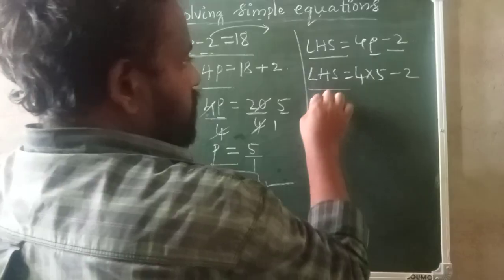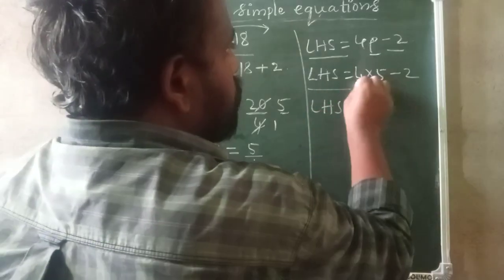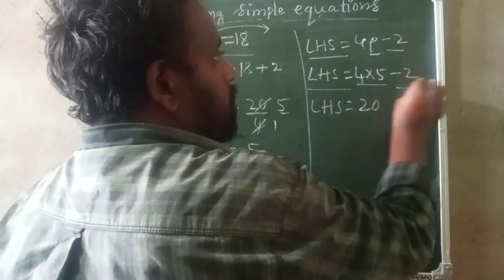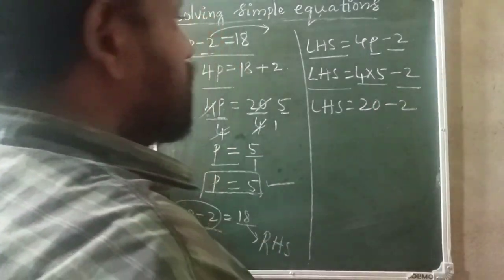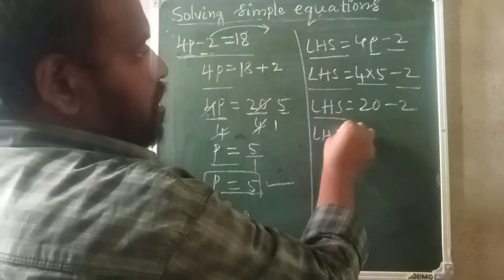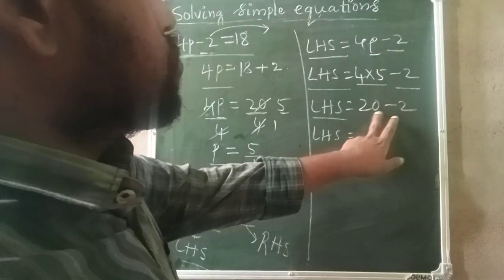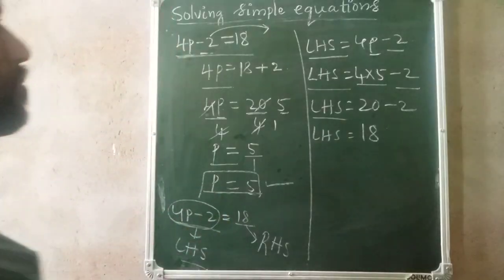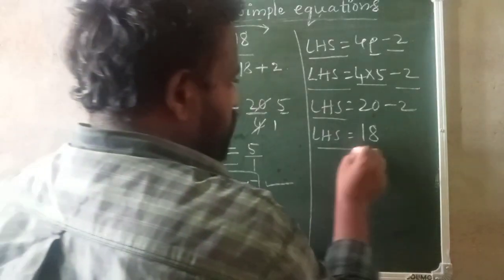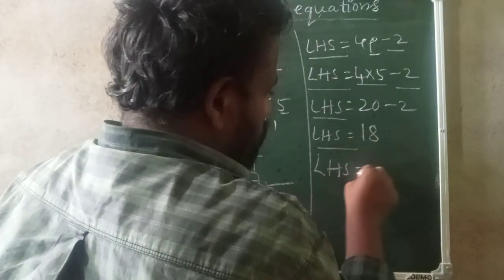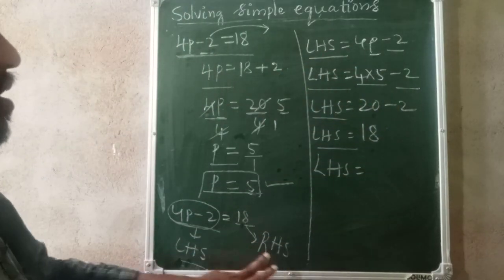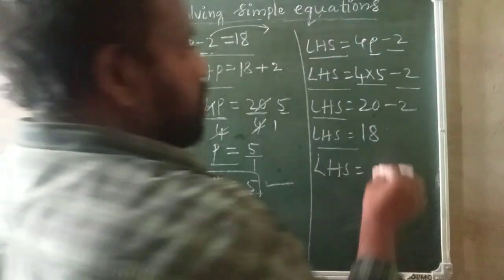Next step, LHS is equal to 4 into 5. 4 fives are 20, minus 2. Next step, 20 minus 2 is 18. See, I said 18 is the RHS. So in place of 18, I will write RHS.